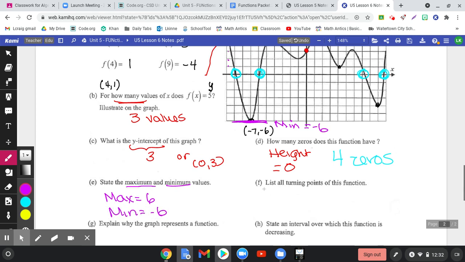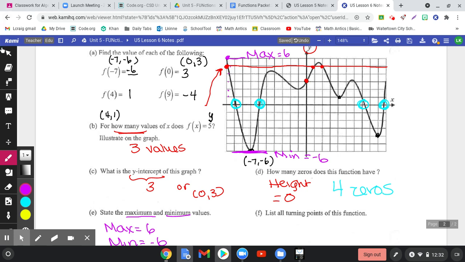A couple more. It says to list all the turning points. There's a lot of them. So instead of listing them, let's mark them with a star and state how many. Okay, so here's a turning point. There's 1. Right there. 2.